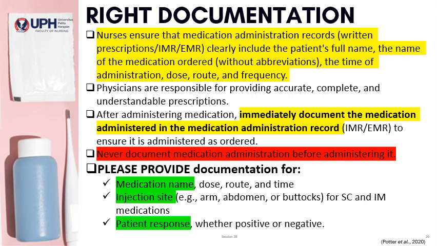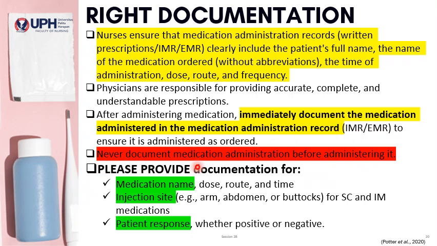Now we talk about the right documentation. So you have to ensure that the medication being given clearly includes the patient's name, the name of the medication, how it was administered, and then the dose, the route, and the frequency, as well as the time when it is given to the patient. And physicians are responsible for providing an understandable prescription, but after that, you also have to document what you have given to the patient on the medication administration record.